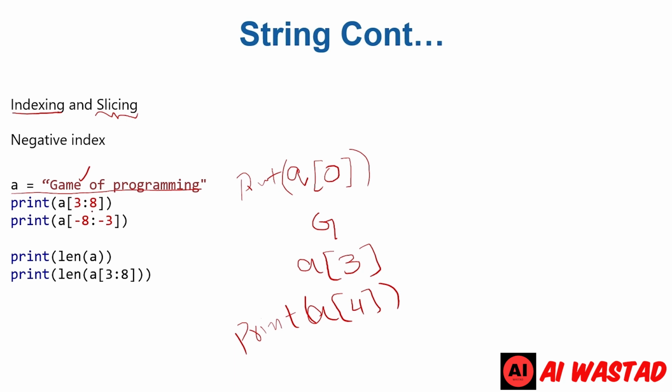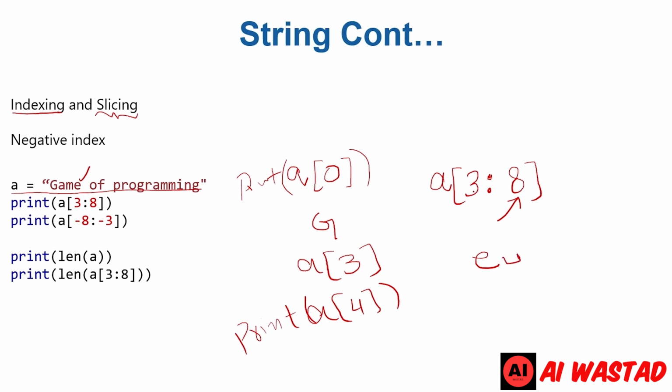So more, we can actually access a substring inside a string as well. For example, we want to access a substring starting from index 3 and all the way up to index 8, but not including index 8. So it will include the character at index 3, which is E, the character at index 4, which is space. Let me write space in this way.